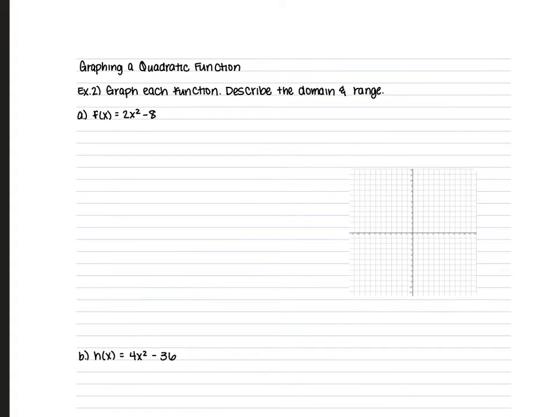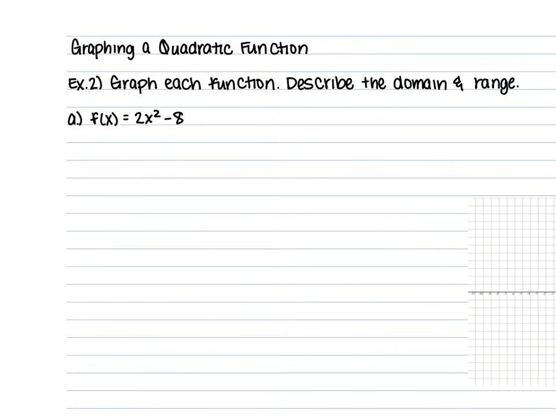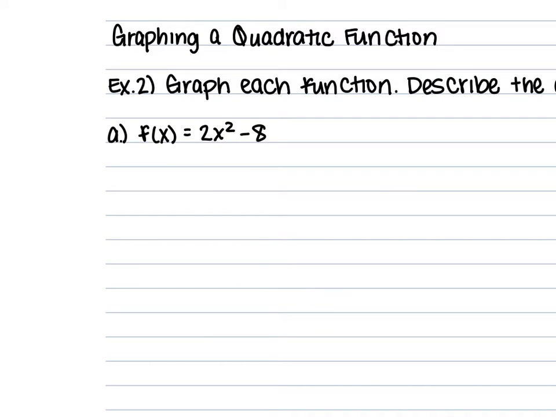For our next part, we're going to be solving our x, or giving our zeros with these. So what I want you to do is to think about factoring. With example 2a, we have f of x is equal to 2x squared minus 8. You have to factor out your greatest common factor here.